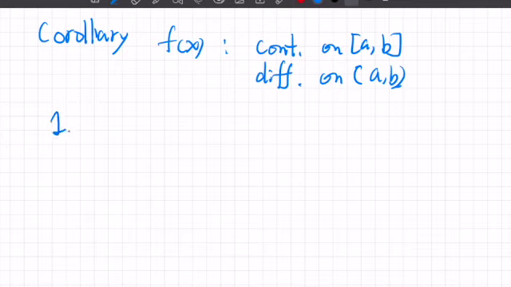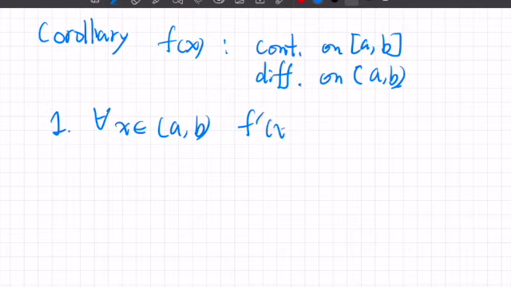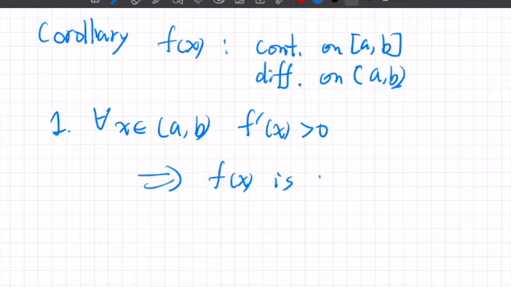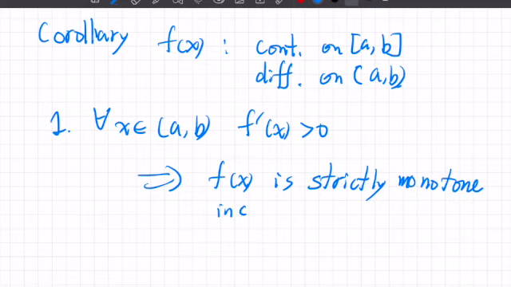Then first, for all x in this open interval, if f prime of x is greater than 0, then this implies f of x is strictly monotone increasing on this interval.